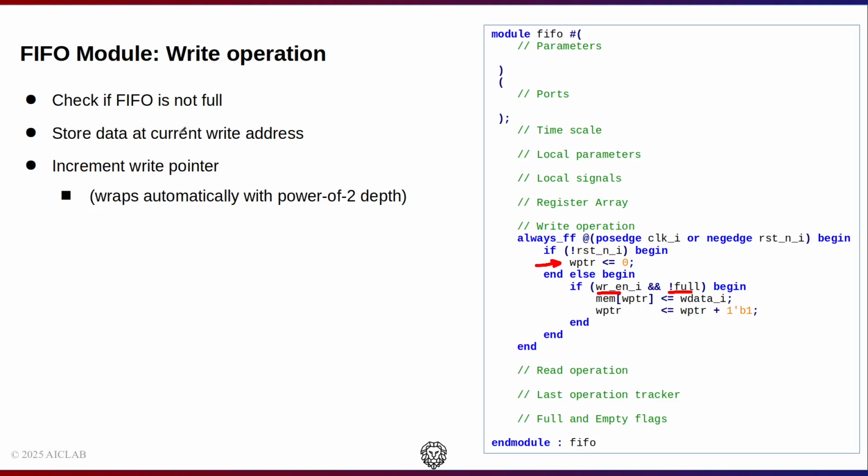We store data at the current write address. Here's the input data and we store it in the current write address of the memory. Then we increment the write pointer. In this line, we increment the write pointer.